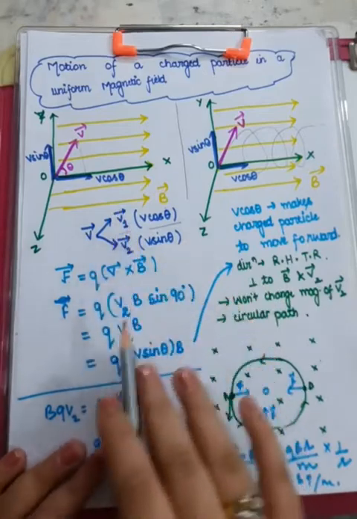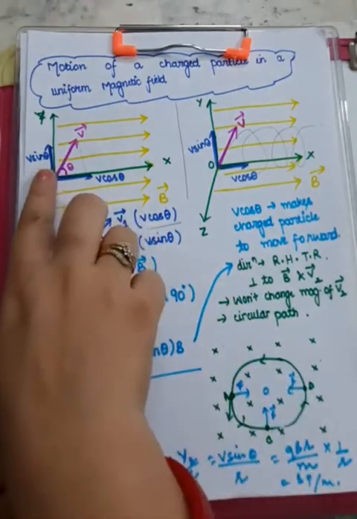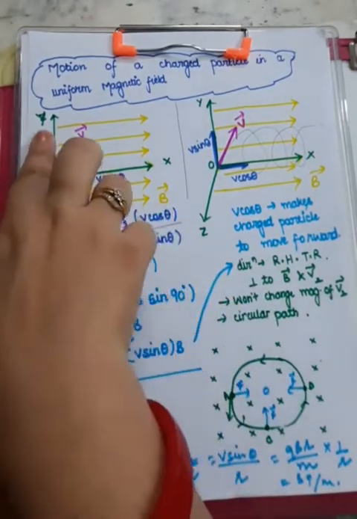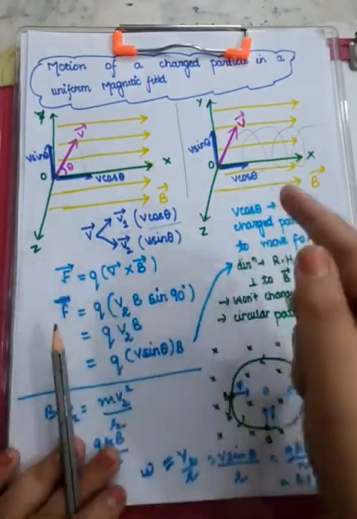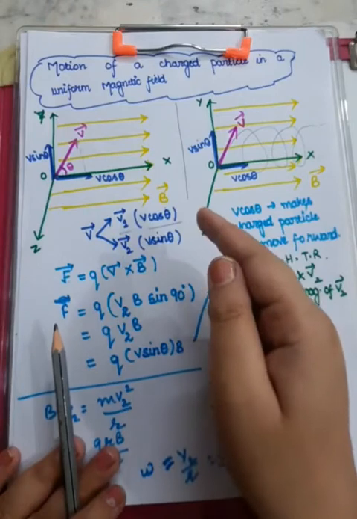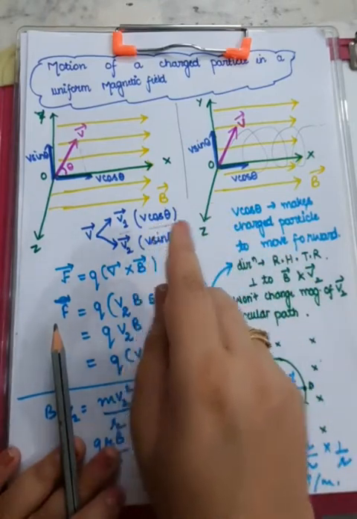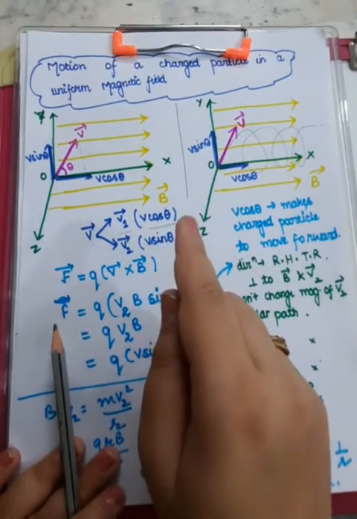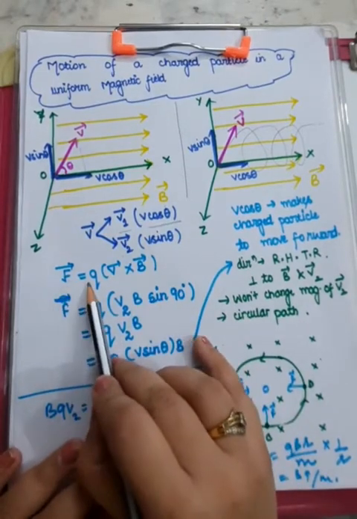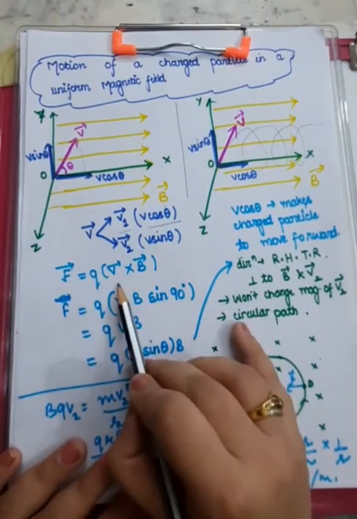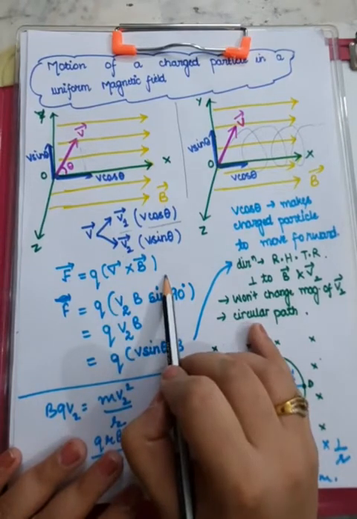Now you know that whenever a charged particle moves with some velocity in a magnetic field, that charged particle experiences a force given by F vector equals q times v vector cross B vector.